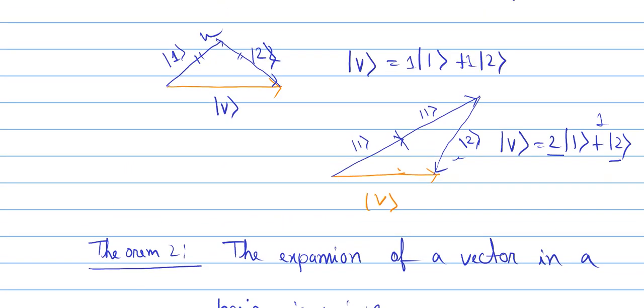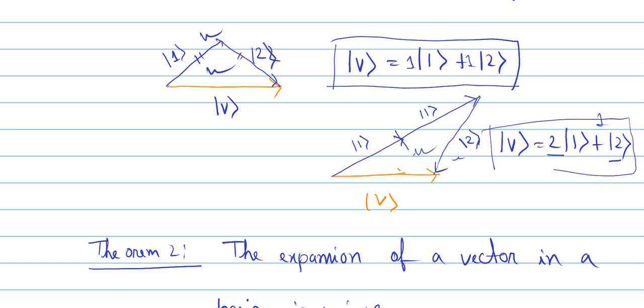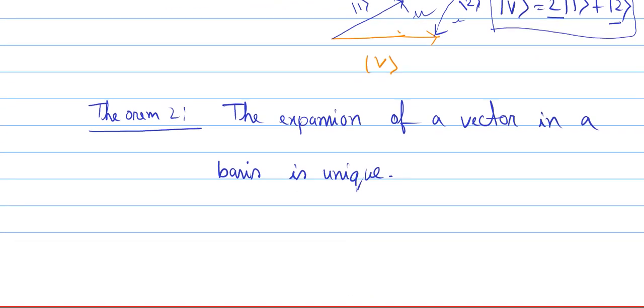That is saying that in this basis system, we cannot expand our vector in any other way. It has an easy proof. Let's say the proof of this theorem.